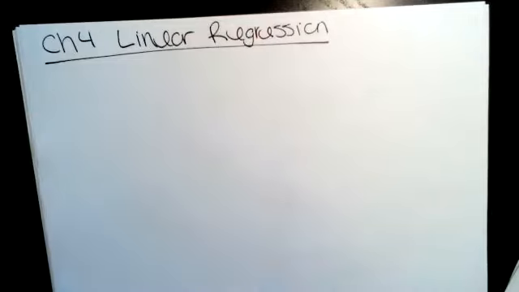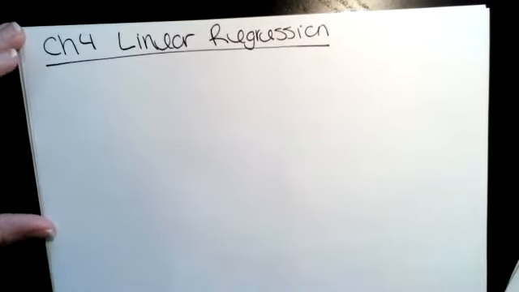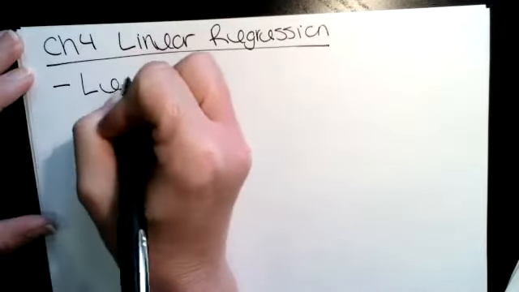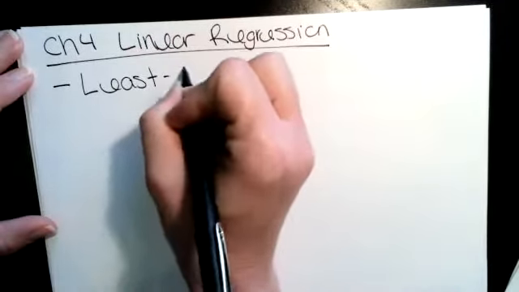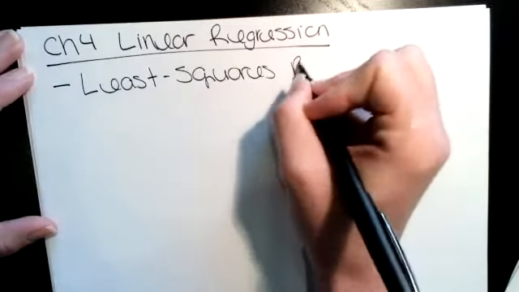We're just building up off of what we were talking about with the correlation, and we're going to take it a step further. So we're first going to start with what we call the least squares regression line.